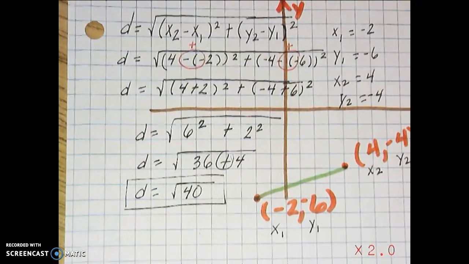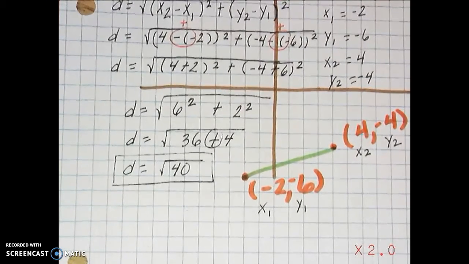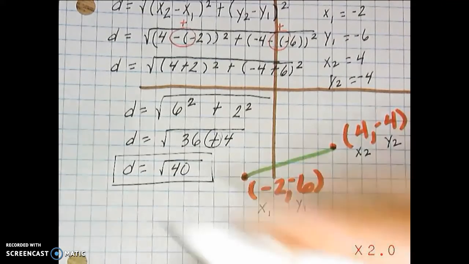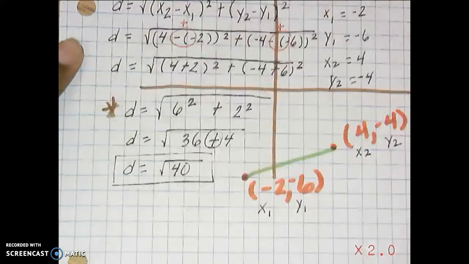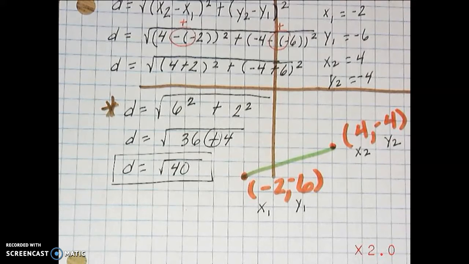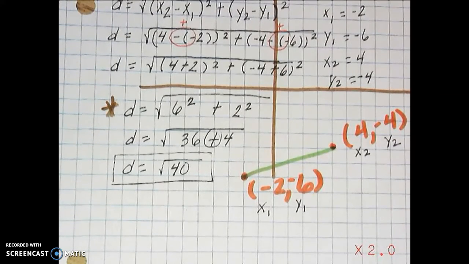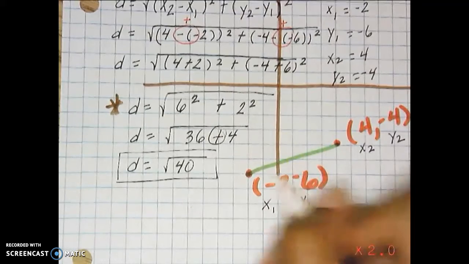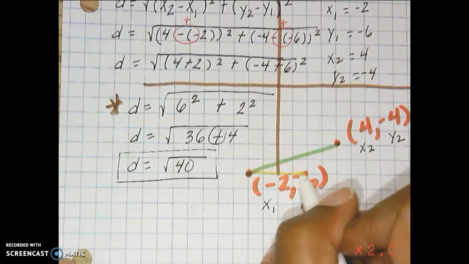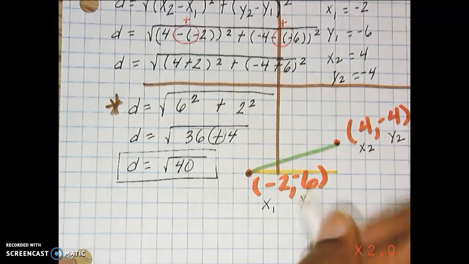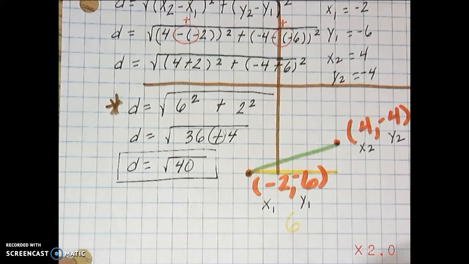I do want you to notice, for my people who like using Pythagorean theorem, that this point right here would be your starting point. Why? Let's get a color that works. So we're going from a negative 2 to a positive 4, and from a negative 2 to a positive 4 on the x-axis is 6.